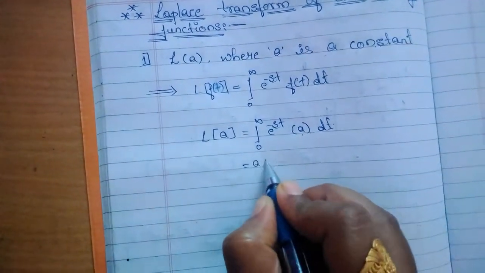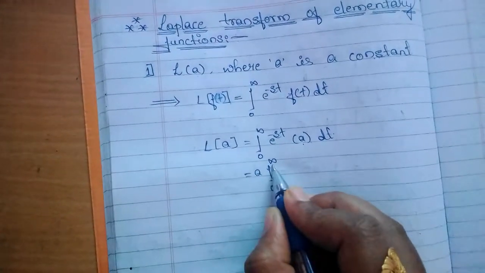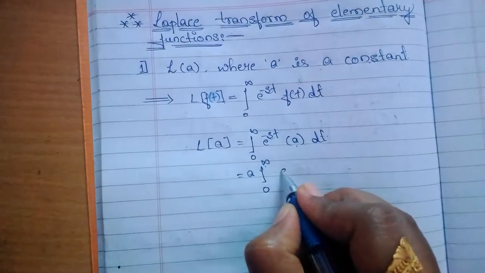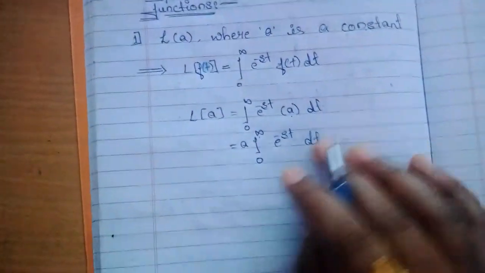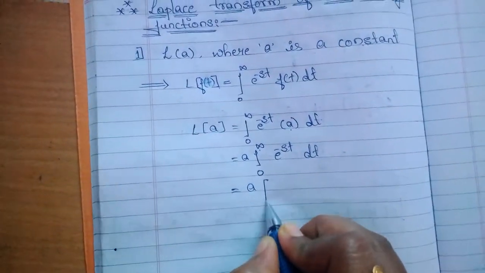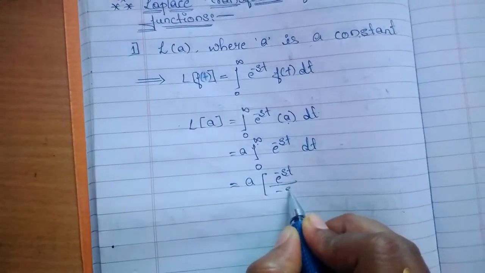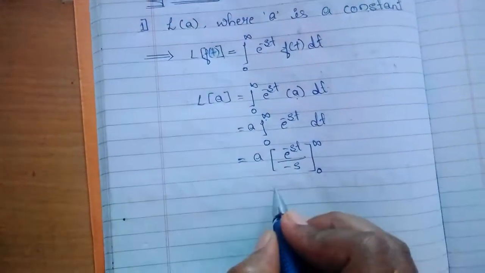Take a outside the integration, then it will be a into integration from 0 to infinity e raised to minus st dt. Now we have to integrate this term. We know that integration of e raised to minus st is e raised to minus st divided by minus s, limits from 0 to infinity.